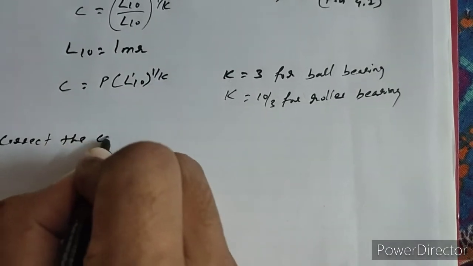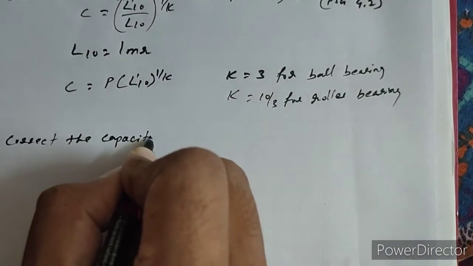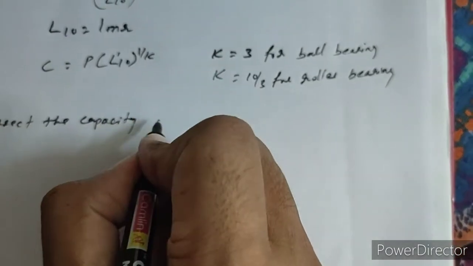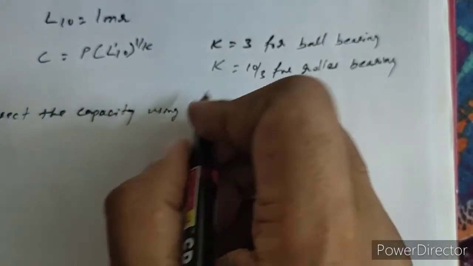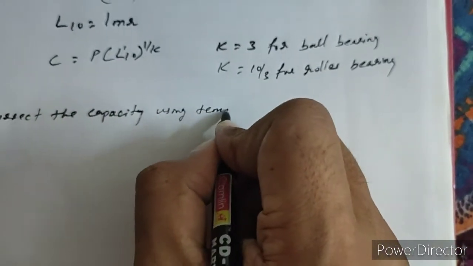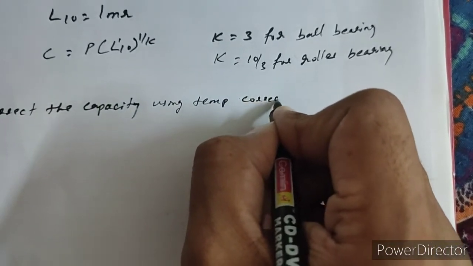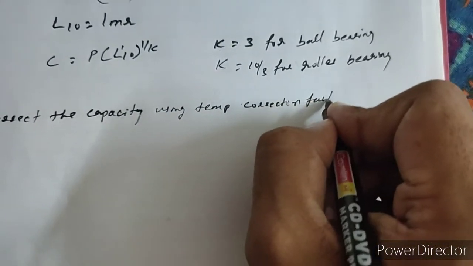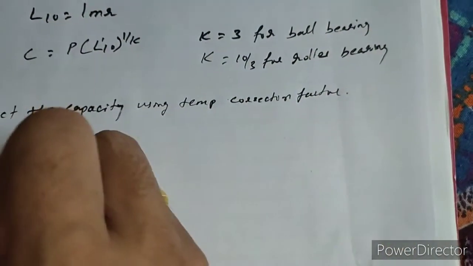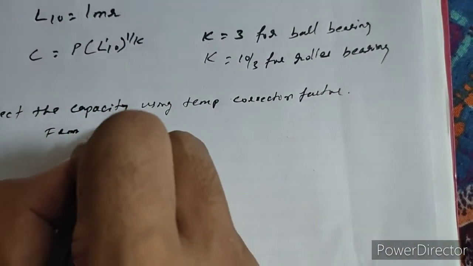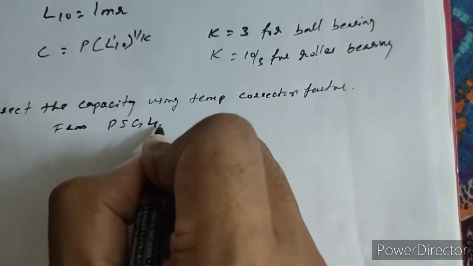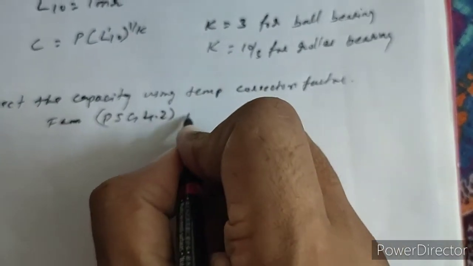Next, the ninth step, we correct the capacity: we are going to increase the required capacity by adding the temperature factor, which is given in PSG 4.2. If temperature is a parameter, then only we use it, if required.